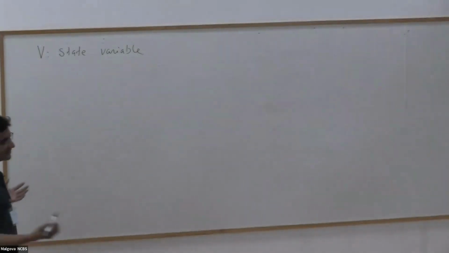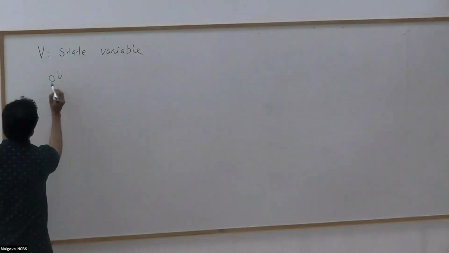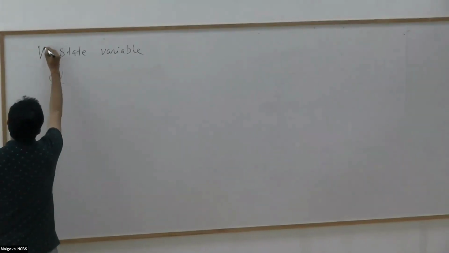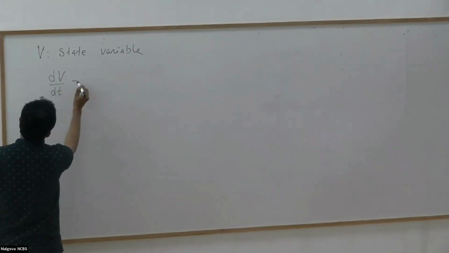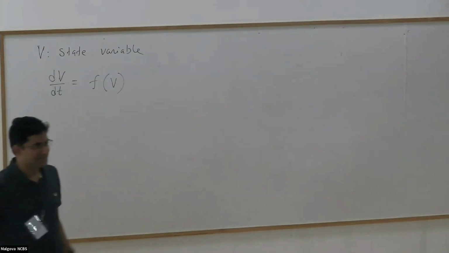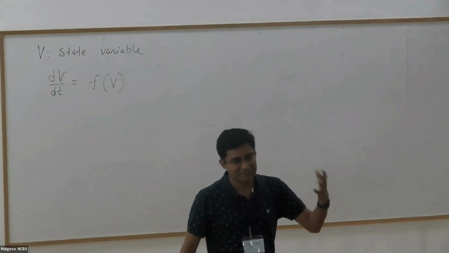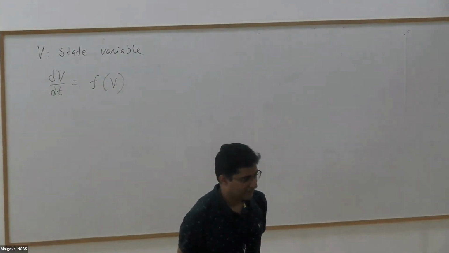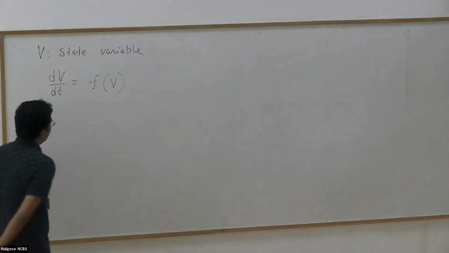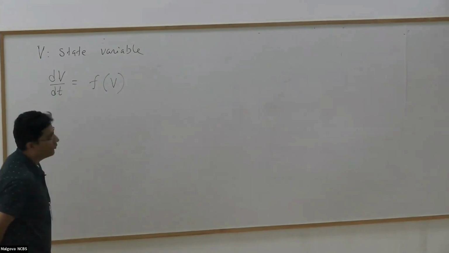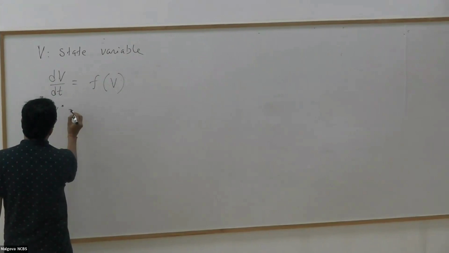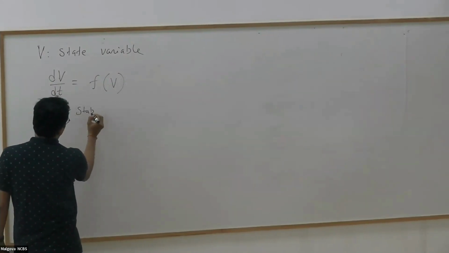You can write a very general dynamical system equation of this type, where there is some function that determines the rate of change of the state variable over time. Now, when you have a stable equilibrium, let's say V star is a stable equilibrium.